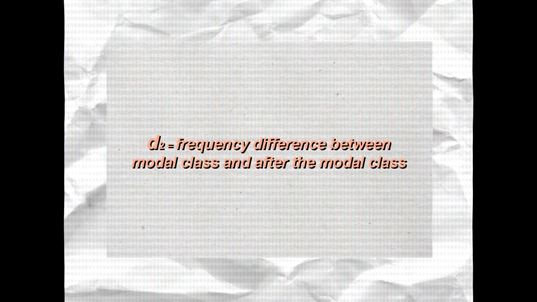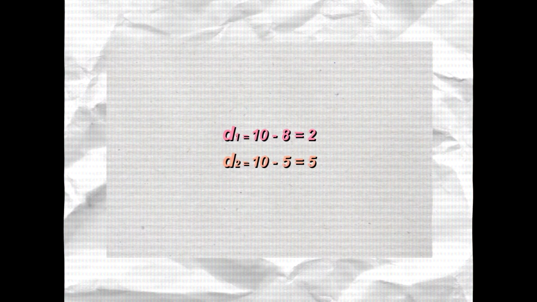D1 is just basically the frequency difference between the modal class and before the modal class, and D2 is just basically the frequency difference between the modal class and the one that's after the modal class. And for this certain problem, D1 is 10 minus 8, which is equal to 2, and D2 is 10 minus 5, which is equal to 5.